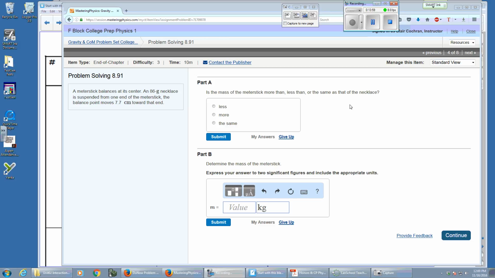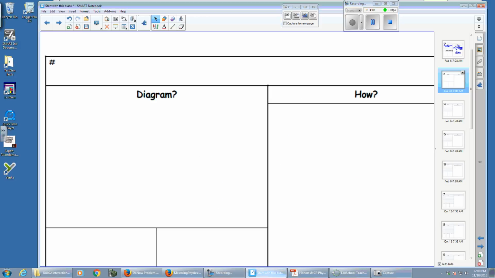All right. So let's see. If I remember correctly, we did a diagram before.